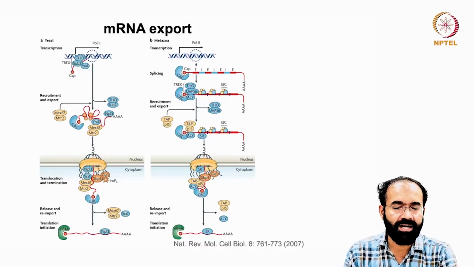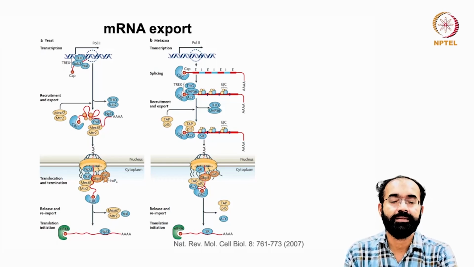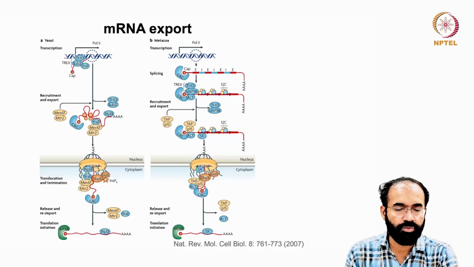If you see mRNA export, both in yeast and metazoa, they have common features, except that in metazoans there will be plenty more factors coming into the picture. In this cartoon you can see the recruitment and export of a bunch of proteins.